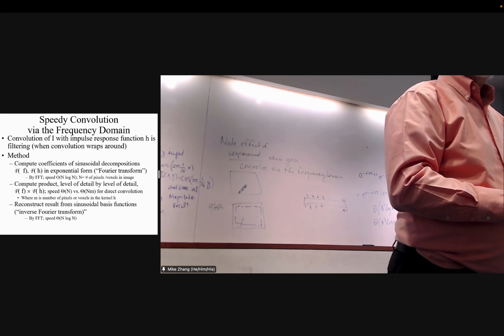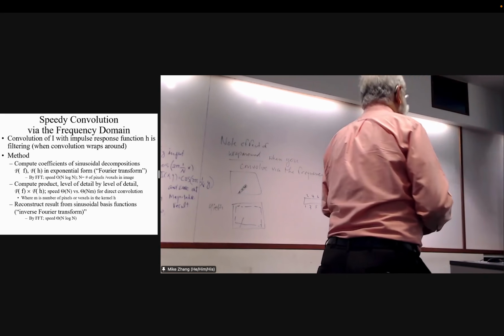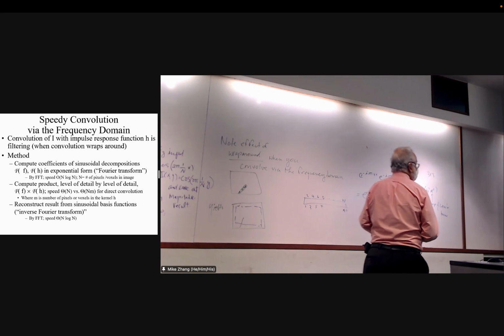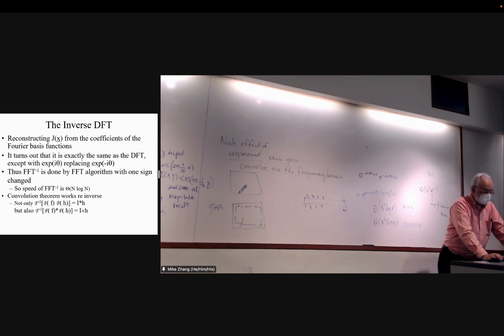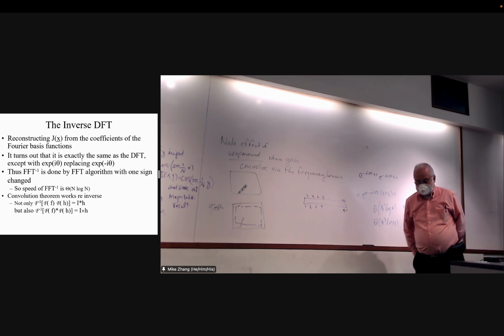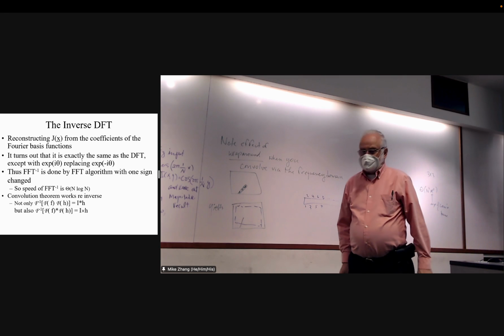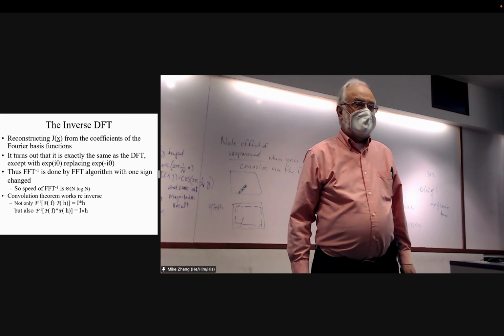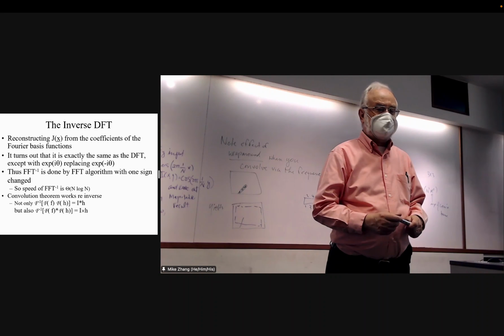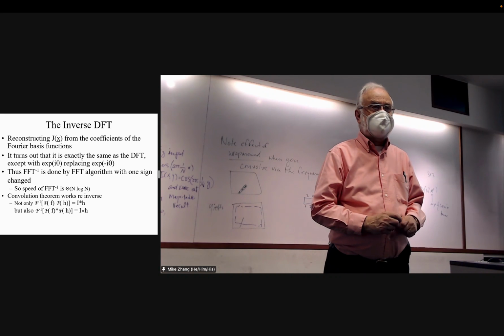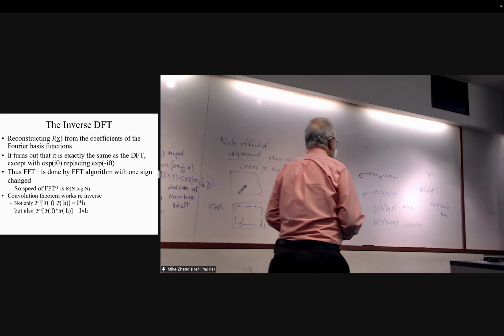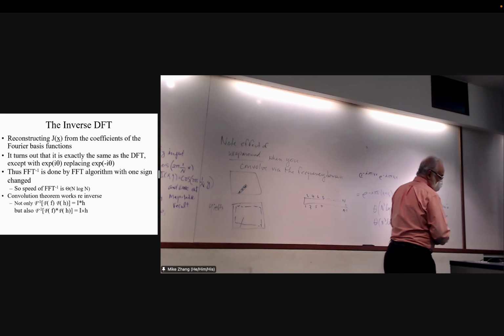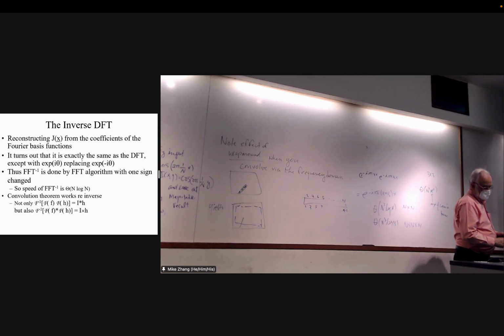Okay? So that just says in the special cases where the convolution kernel is 0, except in a very small array with m, then you should not go via the frequency domain.